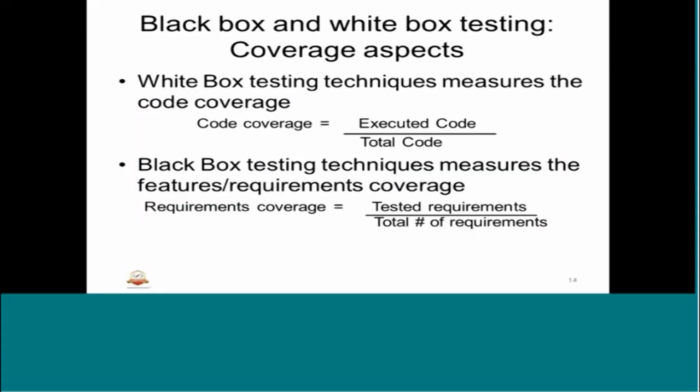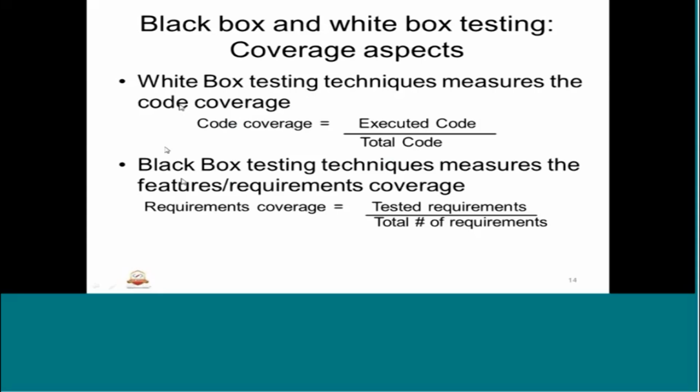And coming to coverage, we had seen the formula for how they do the code coverage. Total code and executed code are both used in coming up with the percentage we have covered. It is simple: executed code divided by total code, in terms of percentage, gives the code coverage. This is used for white box.